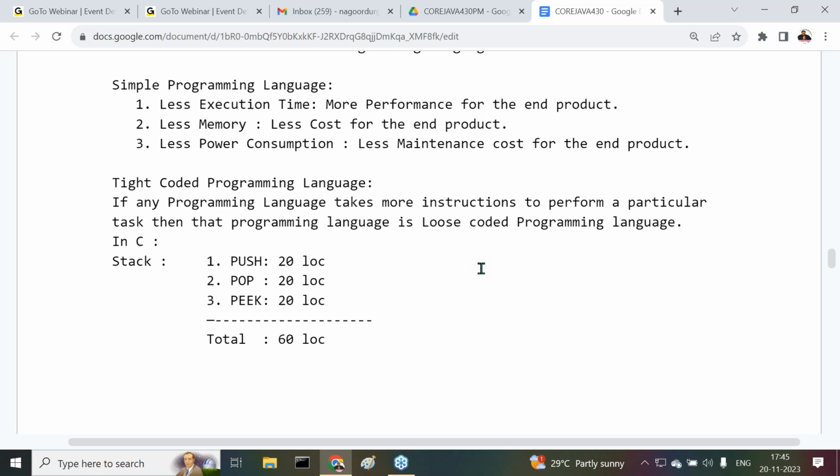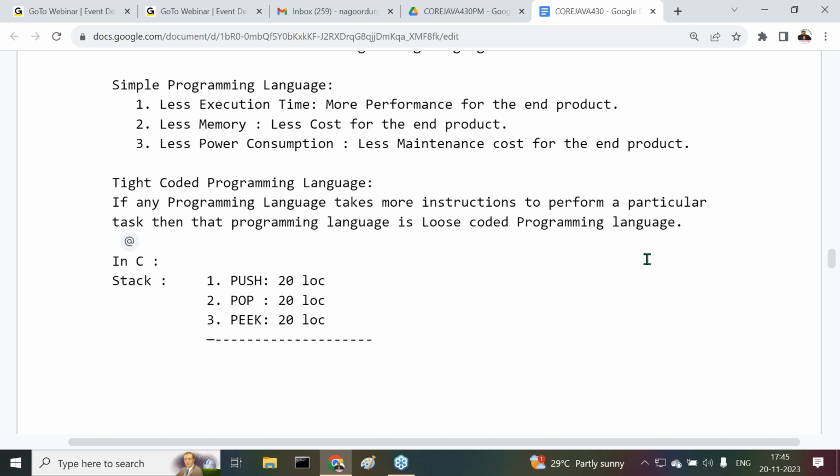That's it. Understand my point here? If any programming language takes more instructions to perform a particular task, then that programming language is what? Loose coded programming language. Example, we can understand C programming language.